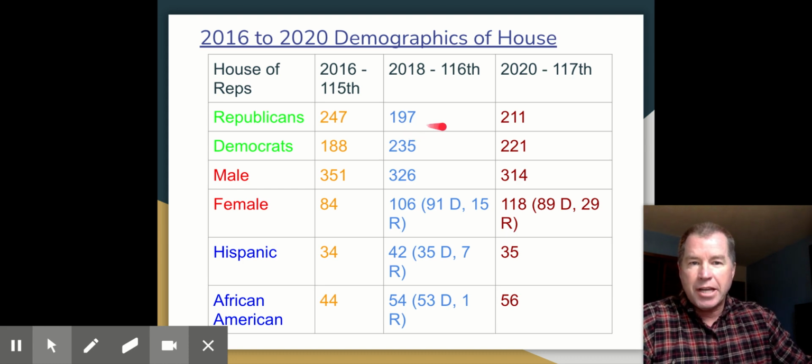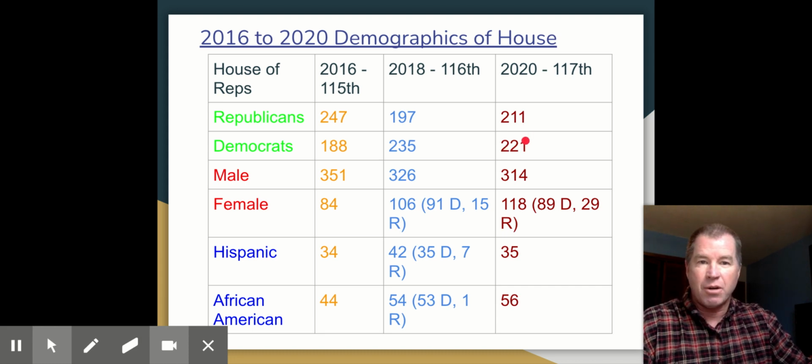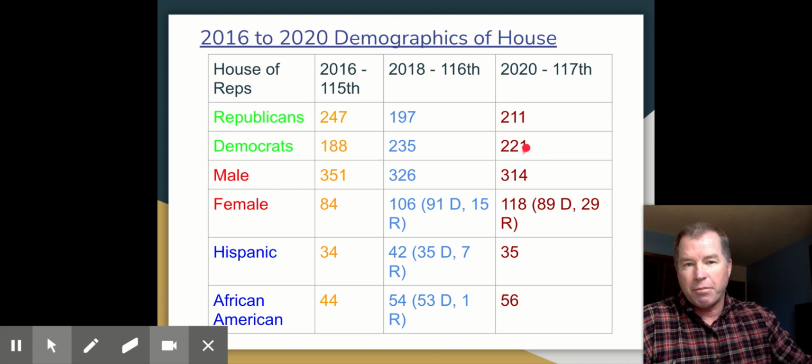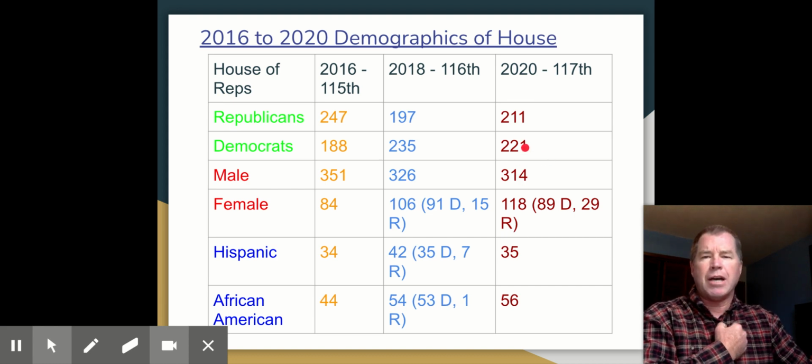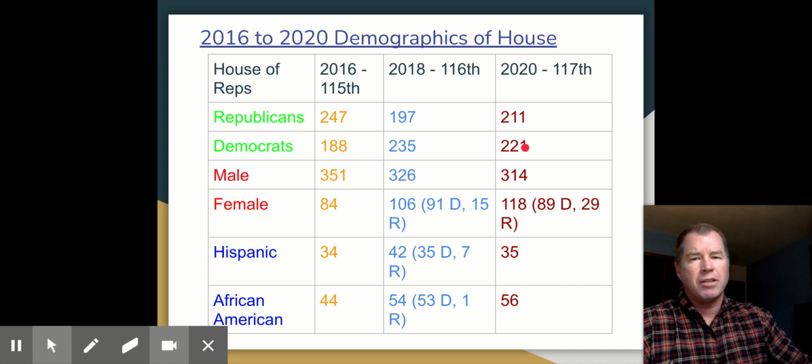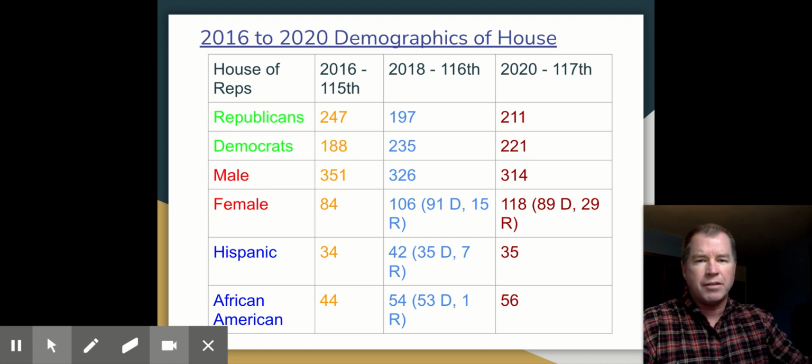Okay. You can see, however, this year, although the Democrats still have control, it is a lot tighter. 221 to 211, and there are actually 3 vacancies. Those vacancies can be filled through, I'm not sure what the vacancies are, special election or governor appointment until an election.